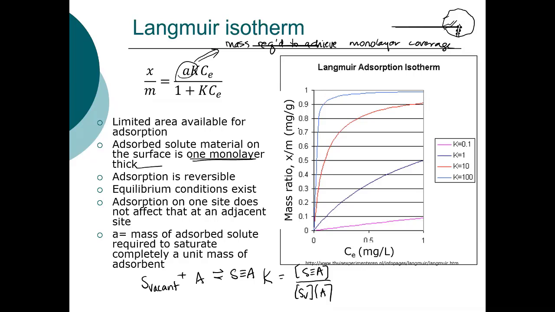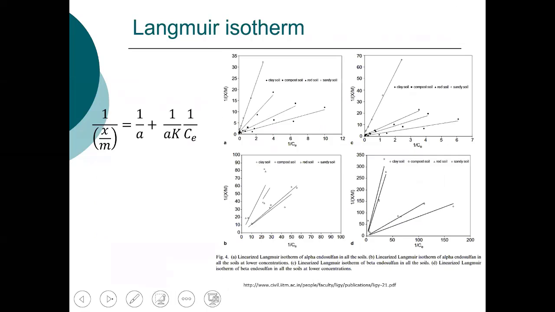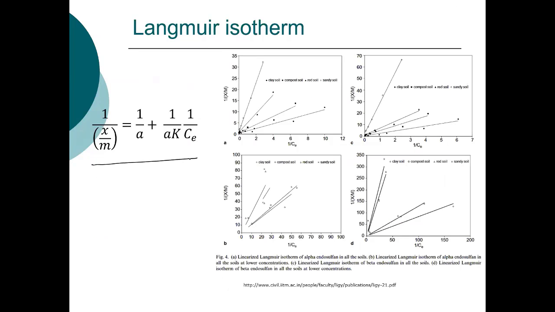And you can see here we've got some data plotted where we're plotting this X/M ratio versus the equilibrium concentration. And as I mentioned, we linearize this by taking the inverse of the concentration and the inverse of X/M.